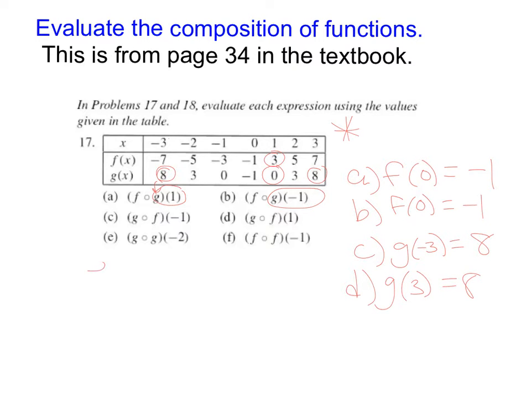A, B, C, D, E. g of -2, so we go to 2 and go down. It's 3. And then we're doing g again. g of 3 is 8. And then for f, f of -1 is -3. f of -3 is -7. That's it.